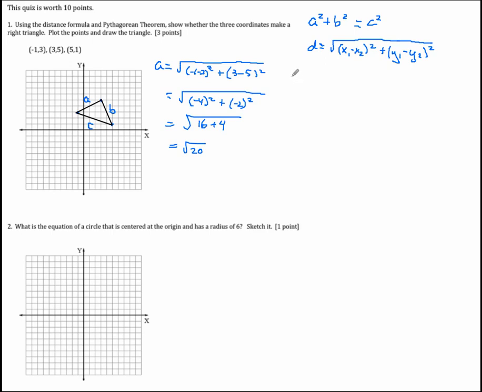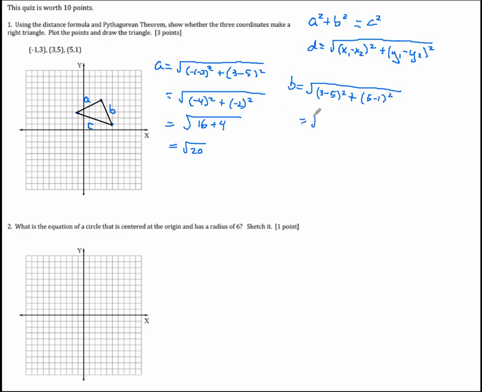Let's find the length of side B. That would be from this point to that point, so that's (3, 5) to (5, 1). So 3 minus 5 squared plus 5 minus 1 squared.